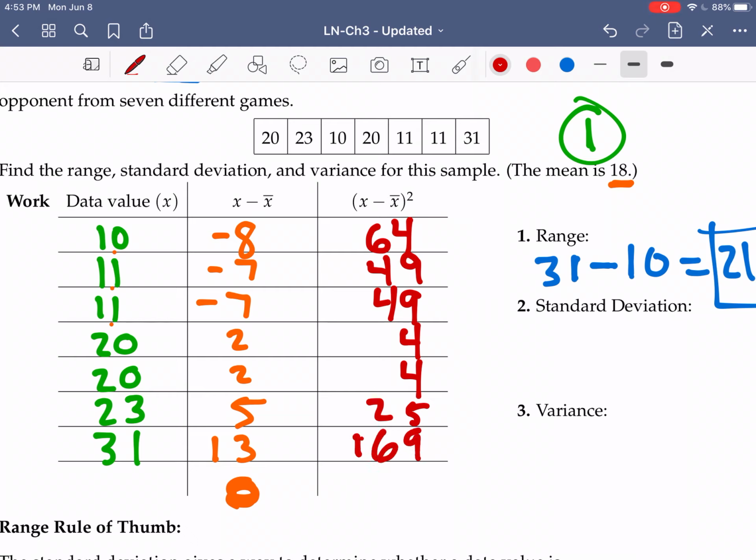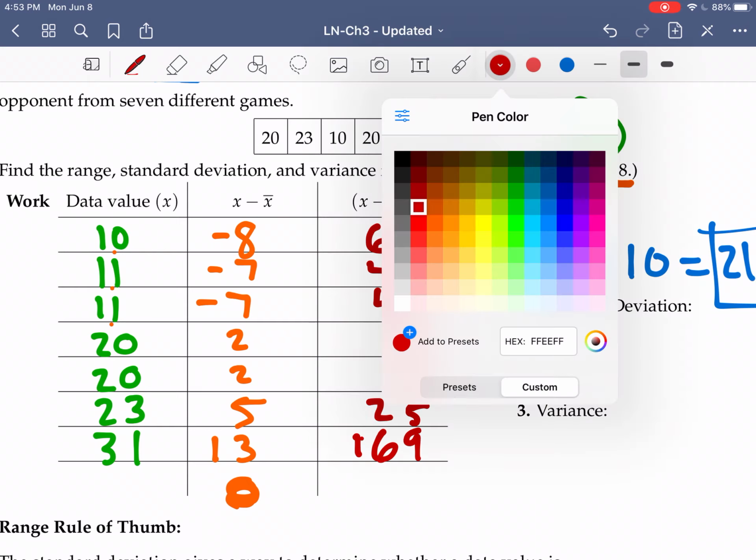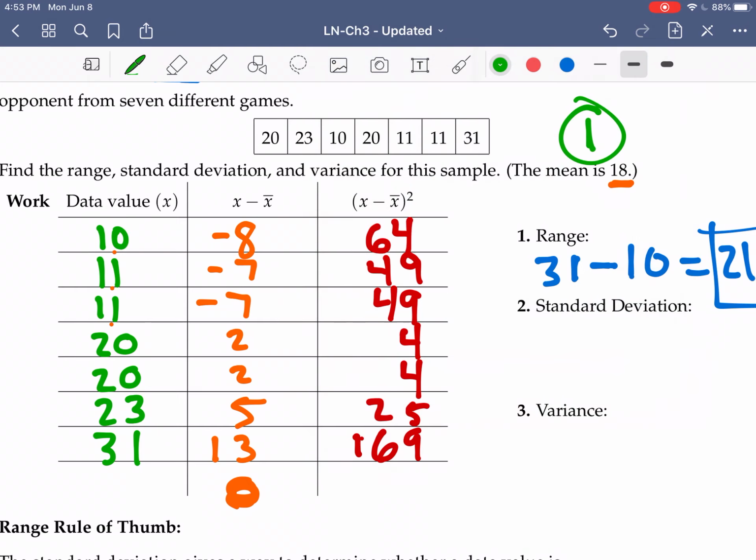So we've squared each of those data values. If you look back at the last video, the differences, that second column, that is step 2. This is really step 3, where we have squared each of those differences.